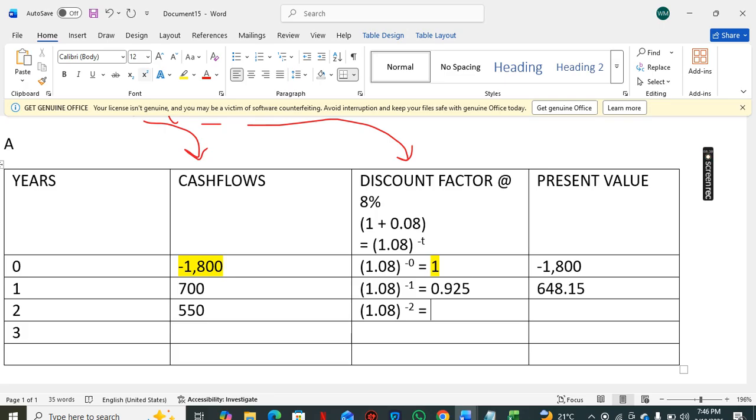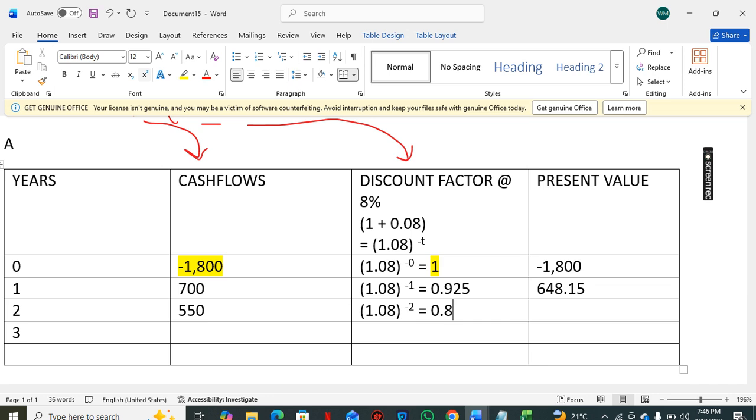So 1.08 to the power negative 2 gets 0.857. Colleagues, attempt this in your calculator so that you become well conversed with this.